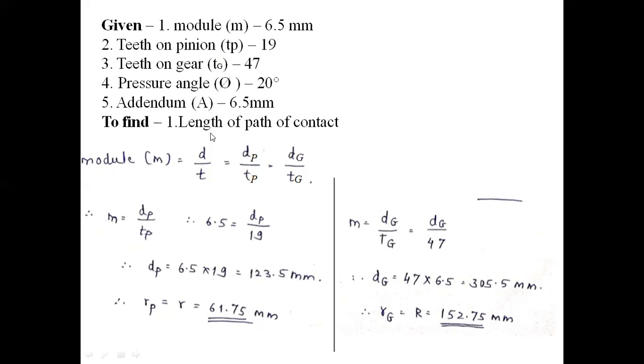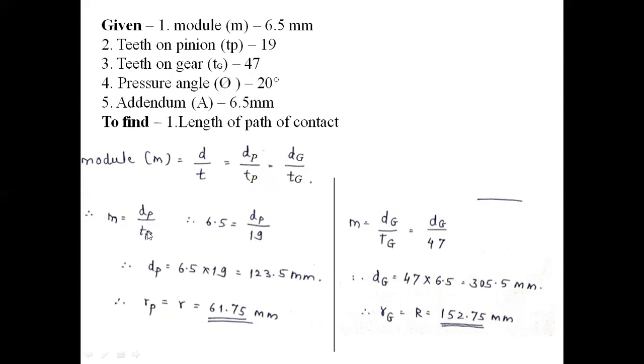First of all, we have to find the length of path of contact. We know module is equal to the ratio of pitch circle diameter divided by teeth on the wheel. So module is equal to dp, the pitch circle diameter of the pinion, divided by tp, which is equal to dg, the diameter of the gear, divided by the teeth of the gear. First we find the diameter of the pinion.